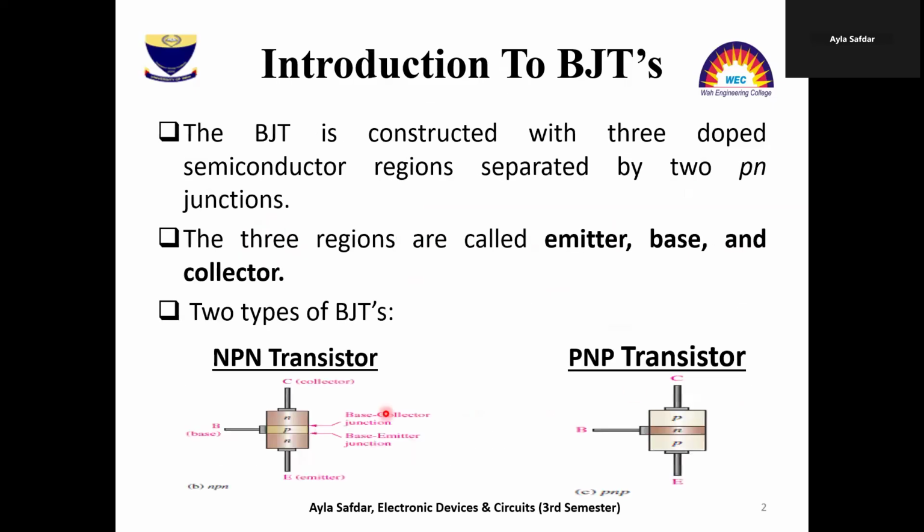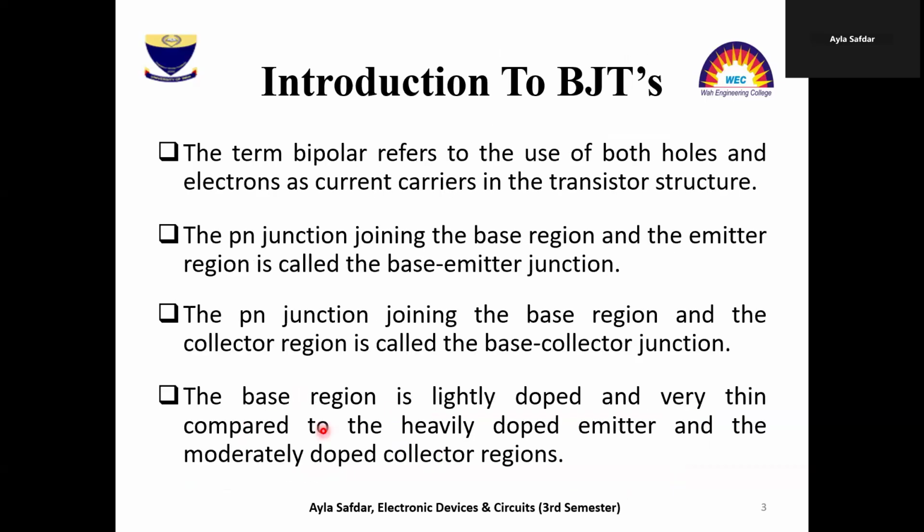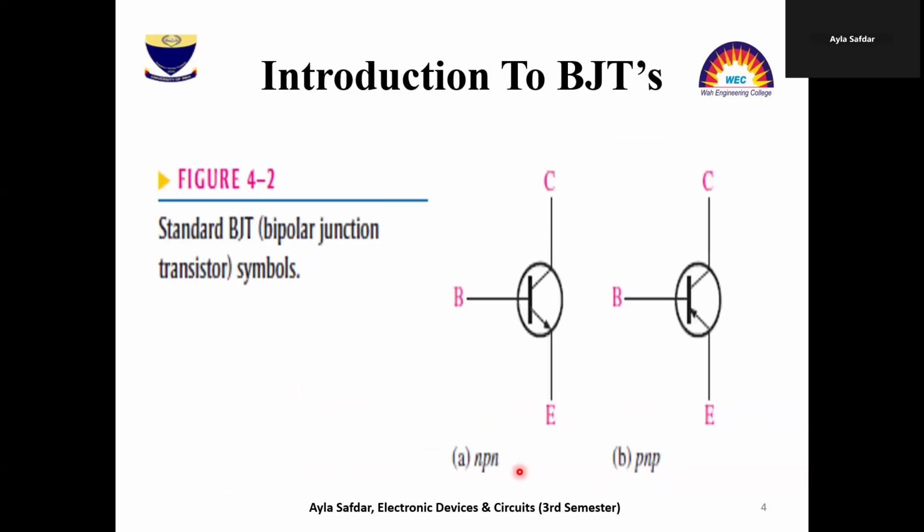This is the base terminal and this is the base region, which is normally very thin and lightly doped. As compared to that, the emitter region is heavily doped and the collector region is moderately doped. Depending upon whether we have NPN or PNP transistors, the doping can be N or P type.